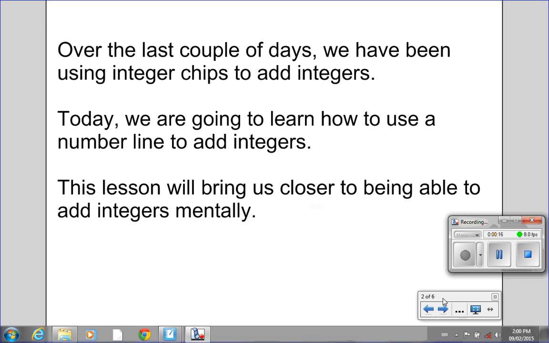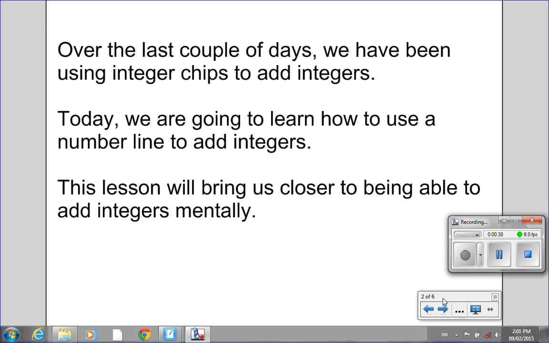Last day, we learned how to use integer chips to add integers. And in today's class, we're going to learn how to use a number line to add integers. This lesson will bring us closer to being able to add integers mentally.